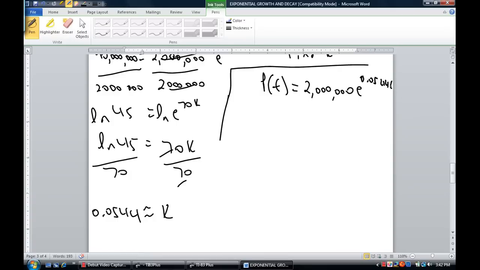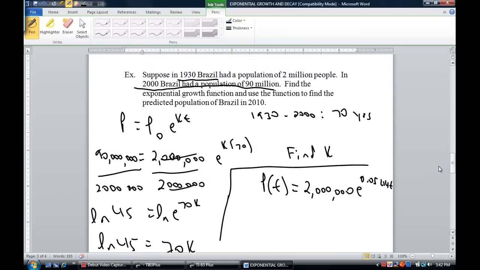And we don't know what t is, so we're going to call it t, because we need a variable in our function. It's our function.